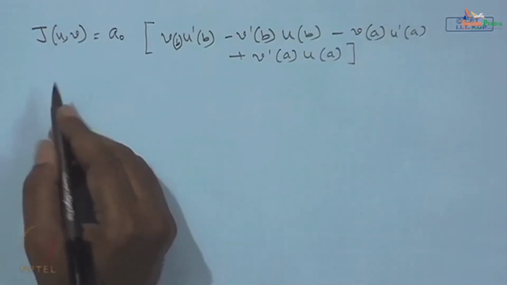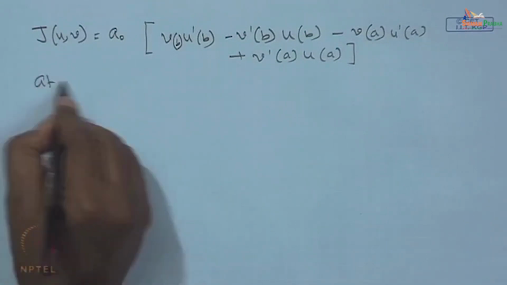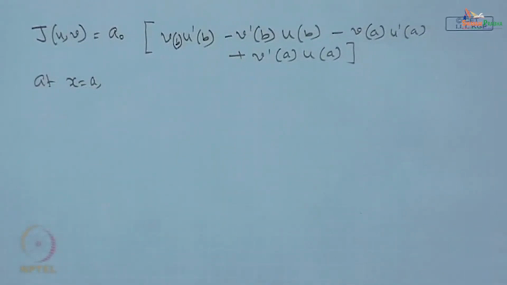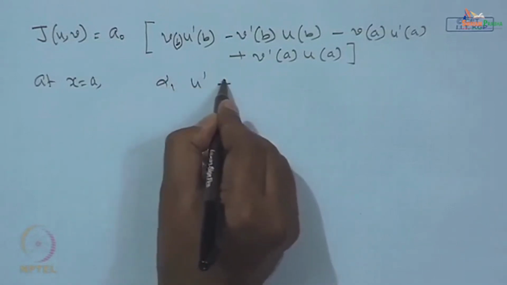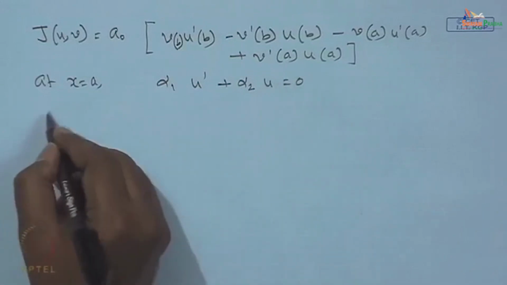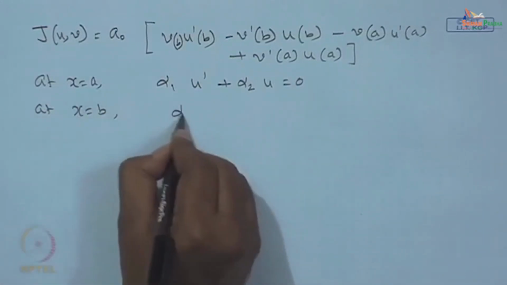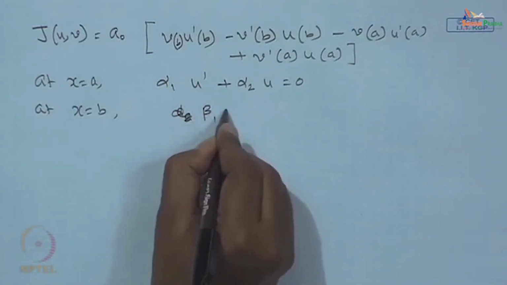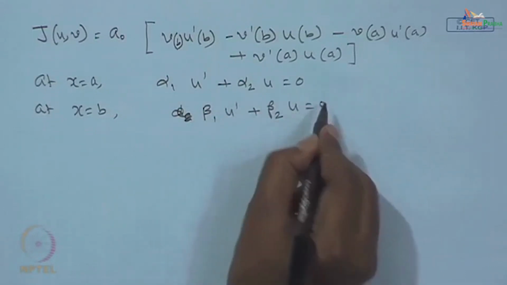Now, we can recall the boundary conditions on u. At x equal to a, it is alpha 1 u' plus alpha 2 u equal to 0, and at x equal to b we have beta 1 u' plus beta 2 u equal to 0.